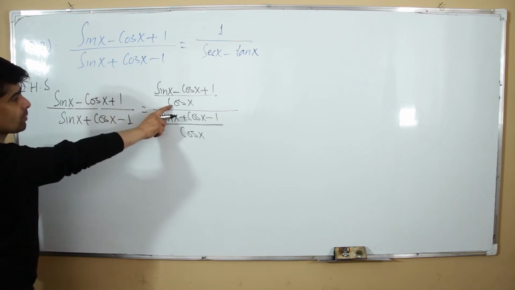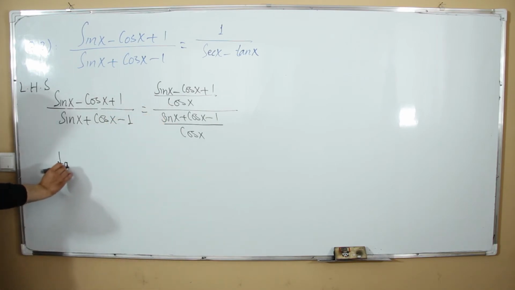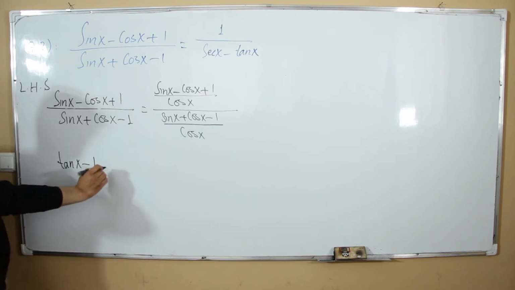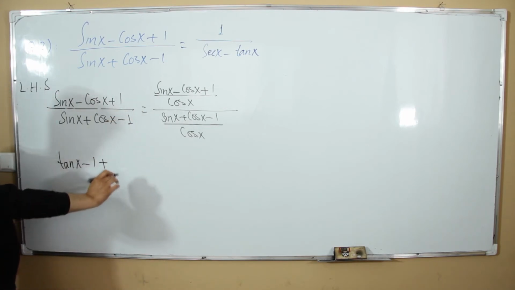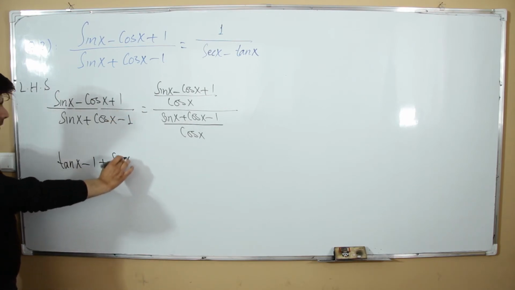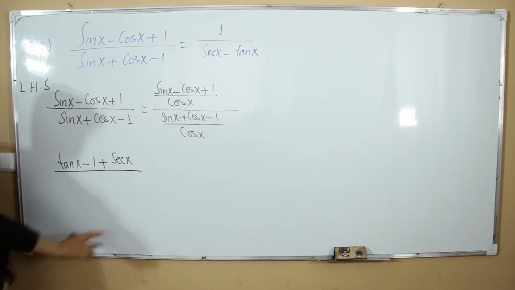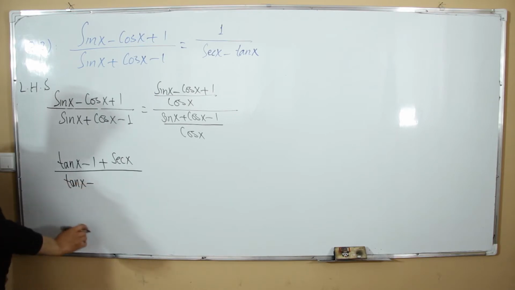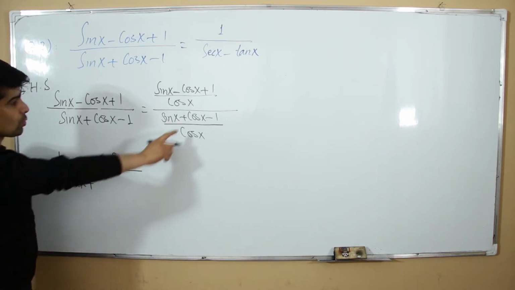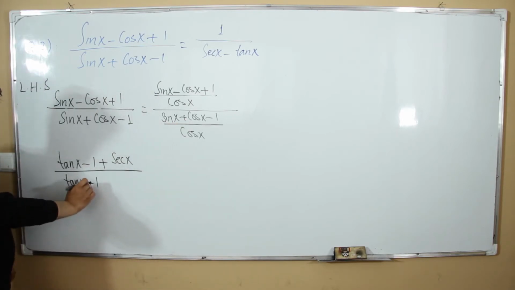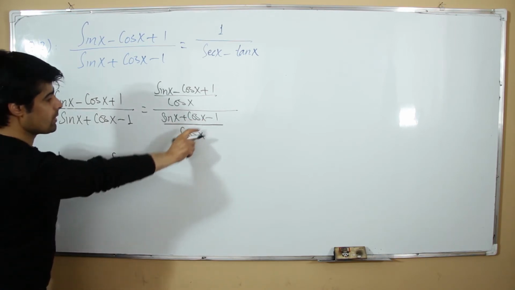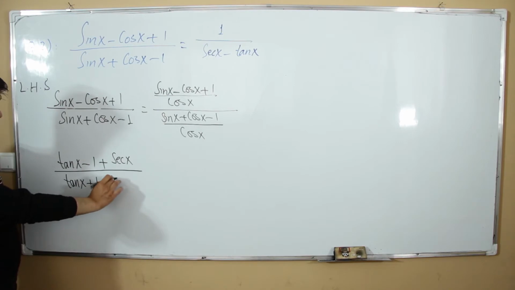So sine by cosine, it is tangent, minus cosine divided by cosine, it is 1, plus 1 divided by cosine, this is secant x, divided by sine divided by cosine, we have tangent, plus cosine divided by cosine, it is 1. Am I right or not? Yes. And minus 1 divided by cosine, so we have secant x.